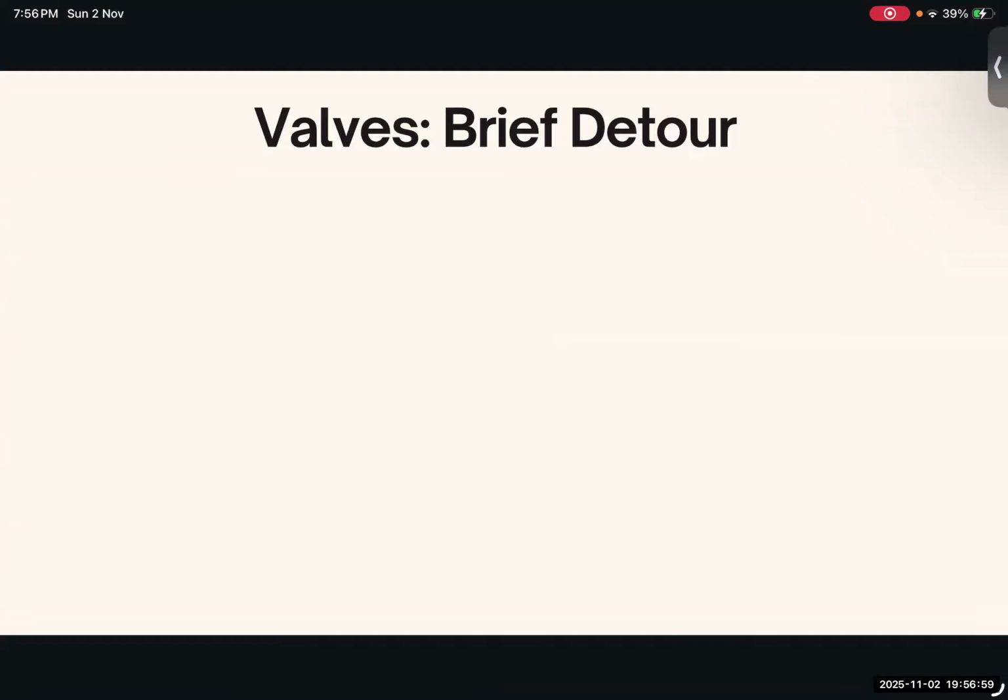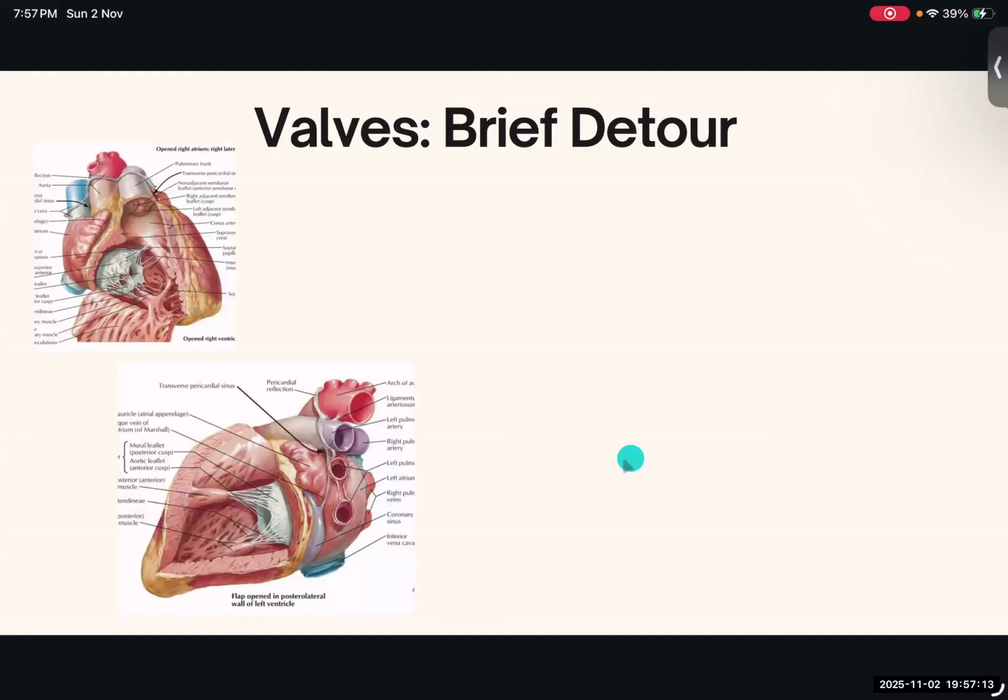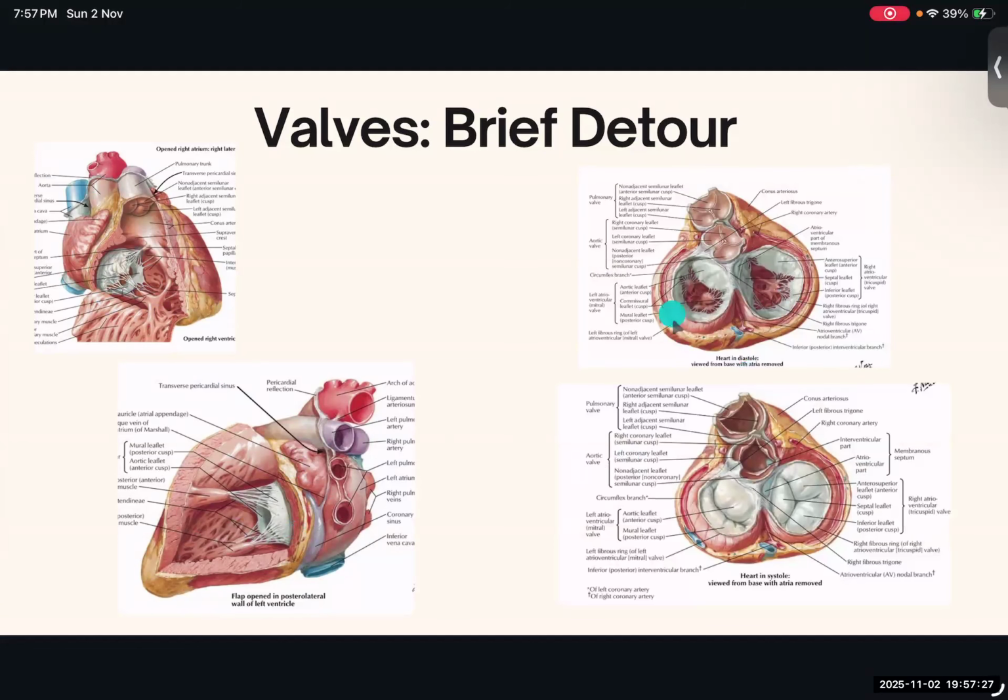Now, we're going to talk very briefly about valves. We talked about the preload, afterload, but how do the valves play into everything that we have discussed today? So again, these are going to be the atrioventricular valves, the valves between the atria and the ventricles. In the right heart, we have the tricuspid valve, and in the left heart, we have the mitral valve. And we can see them here.